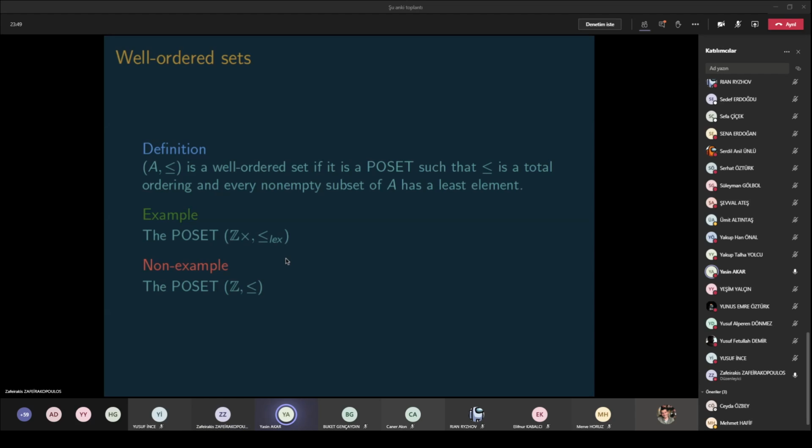But the second is also ordered according to smaller or equal. If we choose any subset randomly, for example, -1 and 2, or 2 and -1, this is ordered. So we must obey this less than rule.